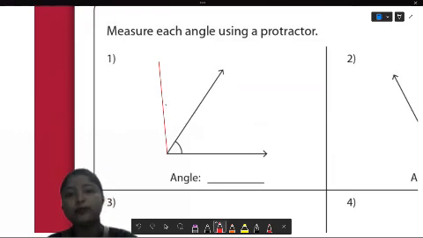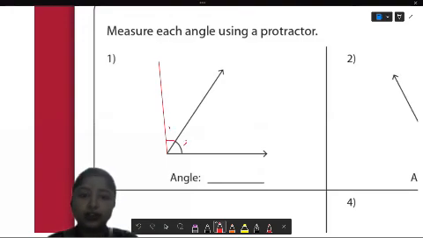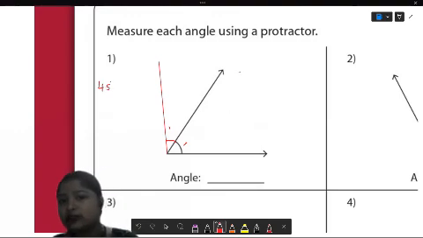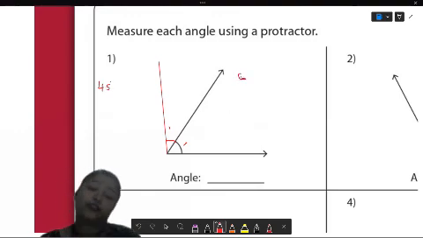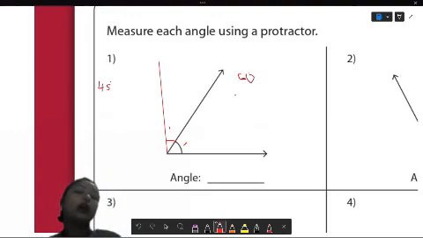As you can see, I've drawn a line that is representing this as a whole right angle. Now, if you see this angle and this angle, they have some difference. Basically, half of a right angle is 45 degrees, right? But it's more than half. So you can say it is a 60-degree angle maybe, or a 55-degree or 65-degree angle. This is how you can measure.